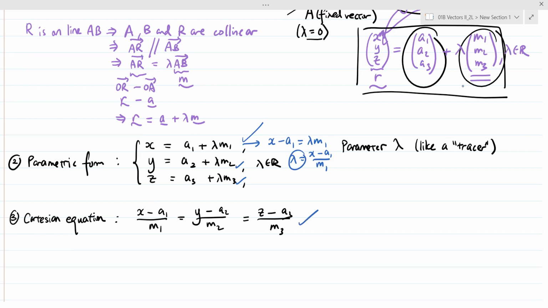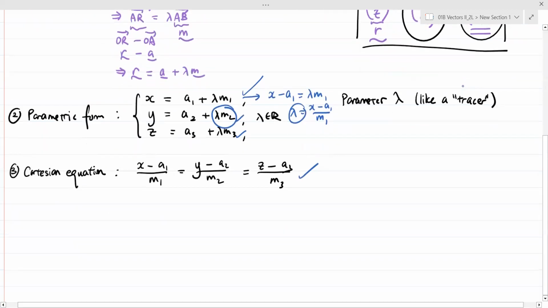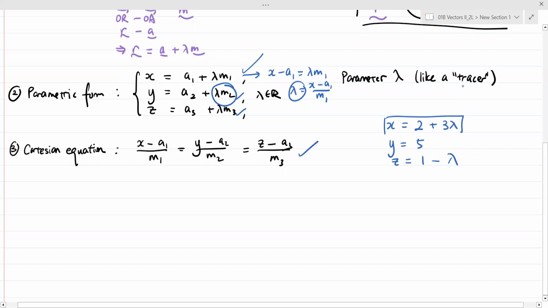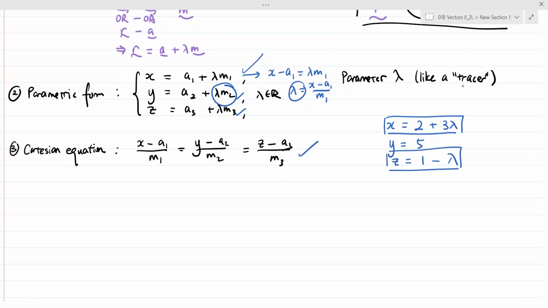The exception to the rule is what happens when one of them is 0. So what happens if, let's say, m2 is 0? So maybe we have something like this. Then what you do is you concentrate your attention on those that have lambda first. Do what I mentioned, make lambda the subject in those two.